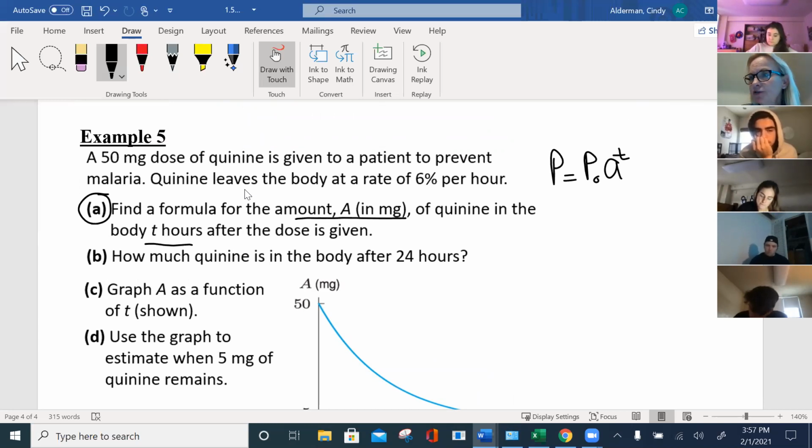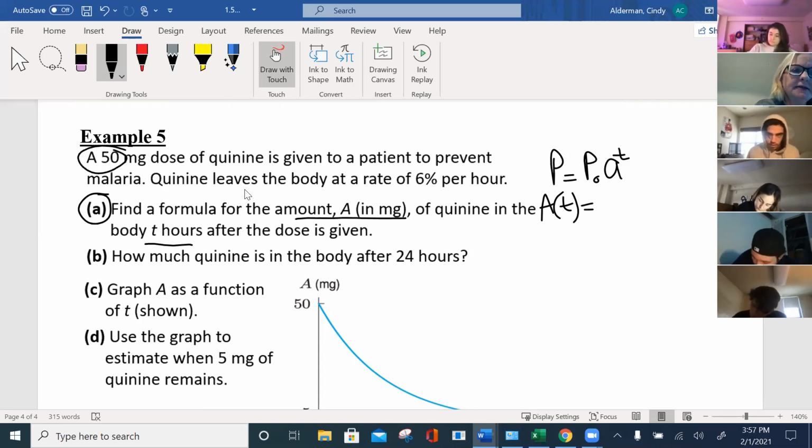So that's when you take your general formula and switch it to the formula that they want you to use. So this is A of t is equal to the initial amount. Do we know the initial amount? 50 milligrams. Yeah, definitely, right?